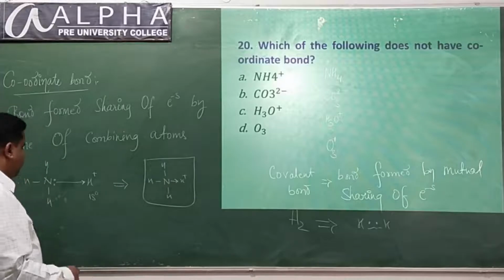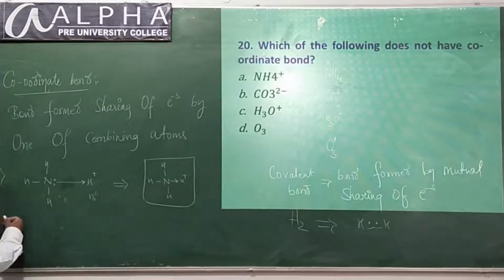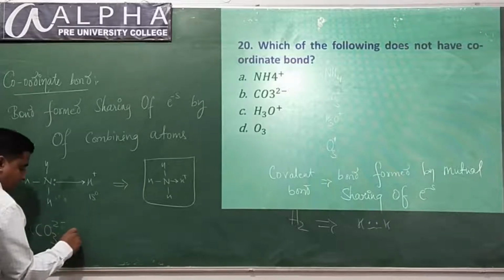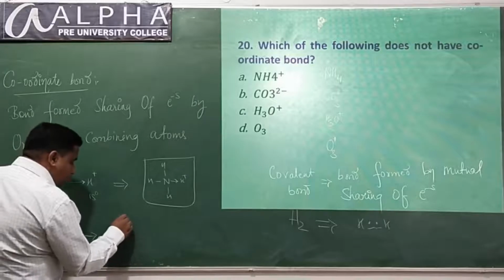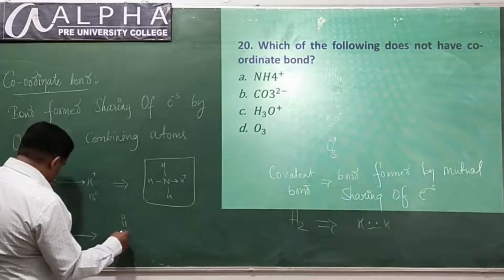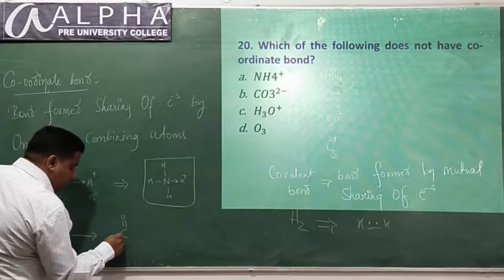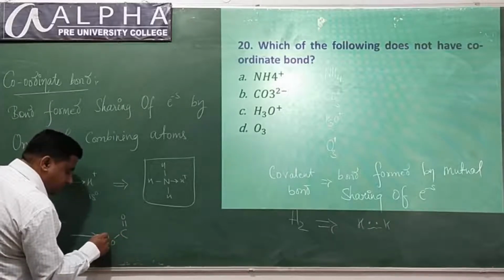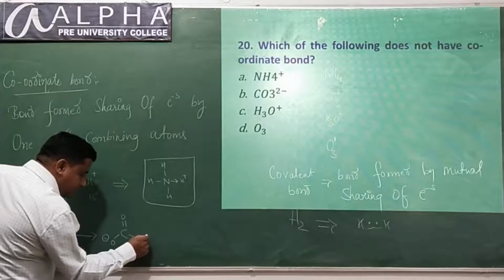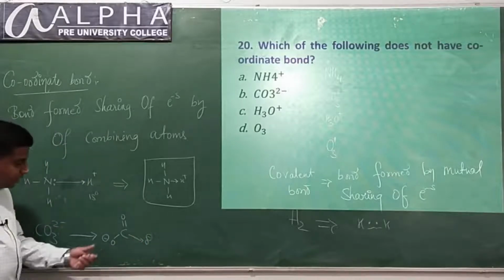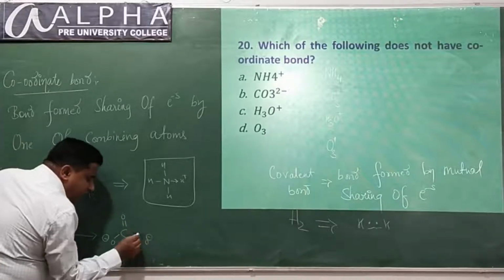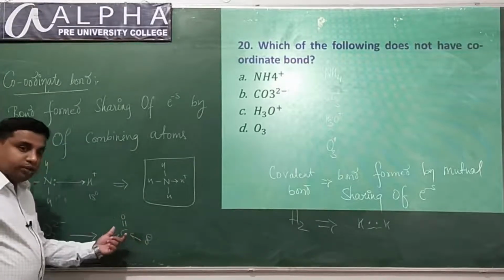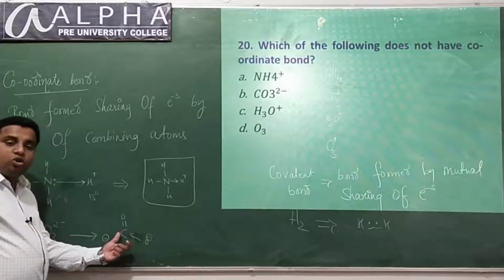Next, option B, carbonate, CO3 2 minus. Carbonate is something like this: C double bond O, and the other two are O minus. Oxygen will share the electrons to carbon.